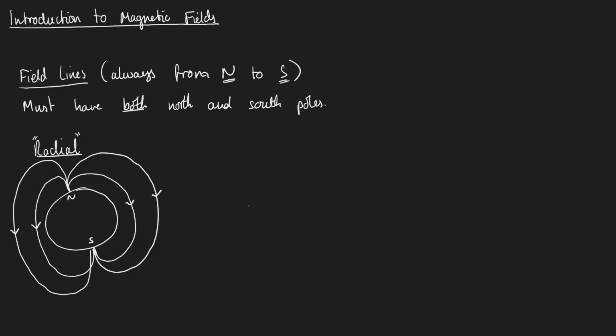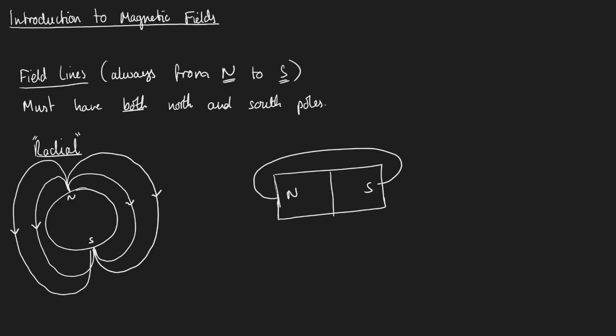We could also look at a bar magnet, something that you might put on a fridge. It has a north pole on this side and a south pole on this side, and the field lines are going to travel in a very similar fashion from north to south.